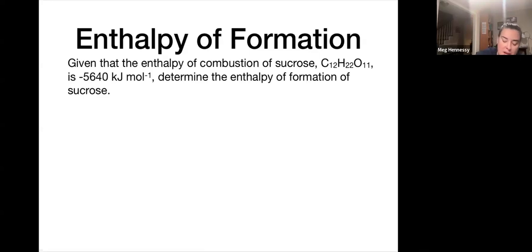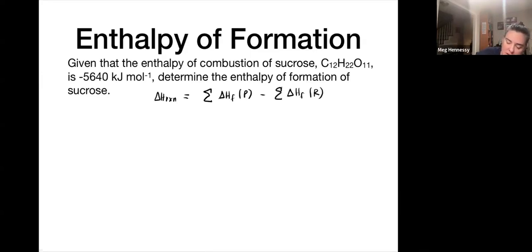I know that the formula I use whenever I'm looking at section 12 data, whenever I'm looking at enthalpies of formation, is that the delta H of a reaction is equal to the sum of the delta H's of formation of all of the products minus the delta H's of formation of all of the reactants.